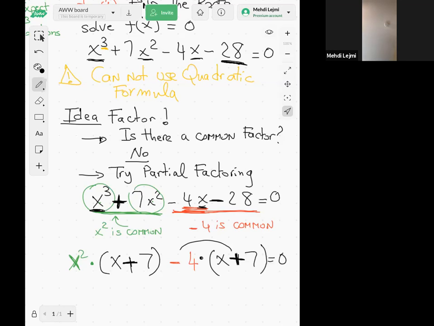So once you do this partial factorization, actually it works because now I have another common factor, which is x plus 7. This is x plus 7 and x plus 7. So that will be a common factor.